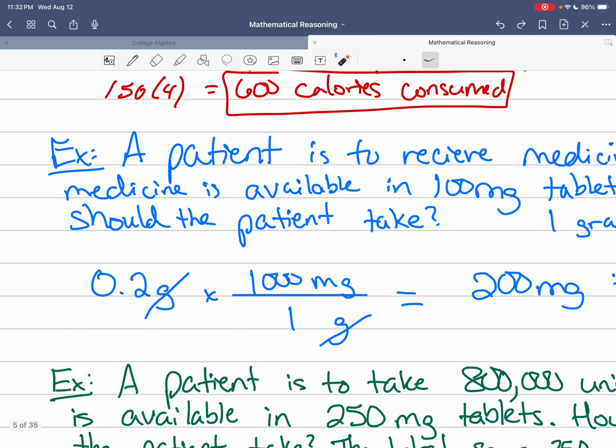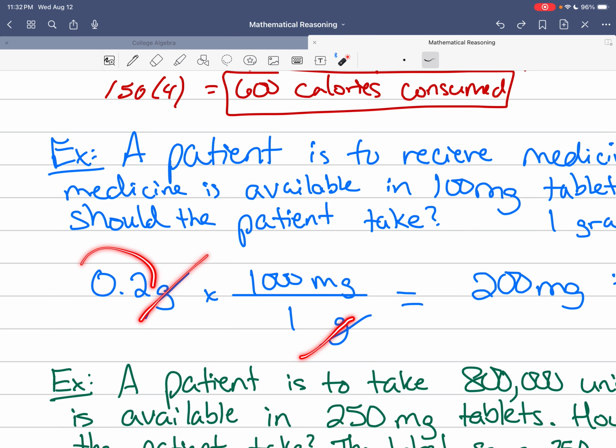So we're going to go back to some dimensional analysis like we did previously. I'm going to have my 0.2 grams. Now, I was told here that 1 gram is 1,000 milligrams. So I'm going to put grams on the bottom of my fraction, that way it cancels out with these grams and leaves me with milligrams.